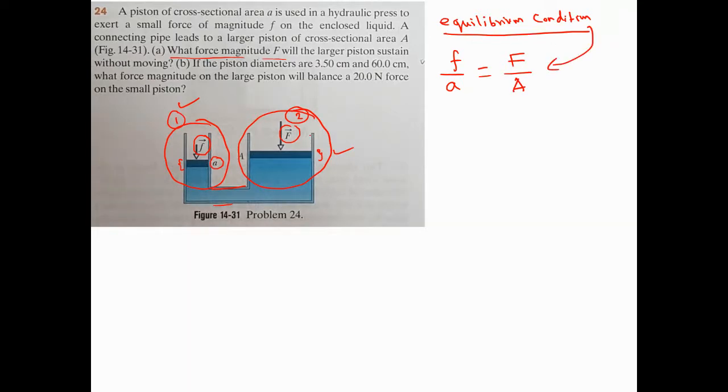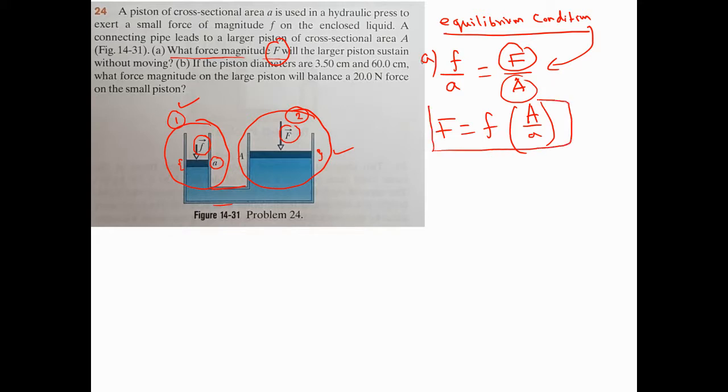But what they need is to rearrange this equation in terms of F. So keep F here, and move the remaining terms to the other side. I'm going to move this A to the numerator on the other side. What will you get? F equals f multiplied by A over a. This is the answer for the first question. That's it, because it's a theory question.